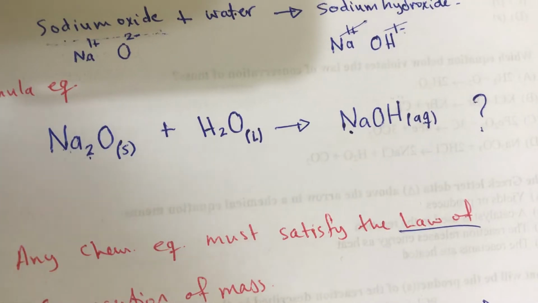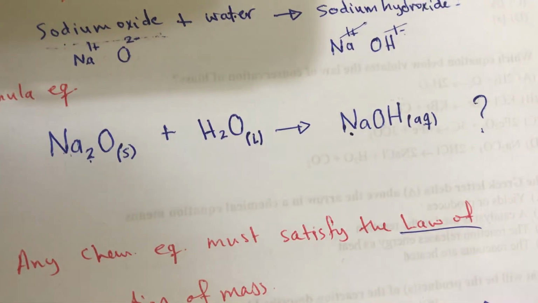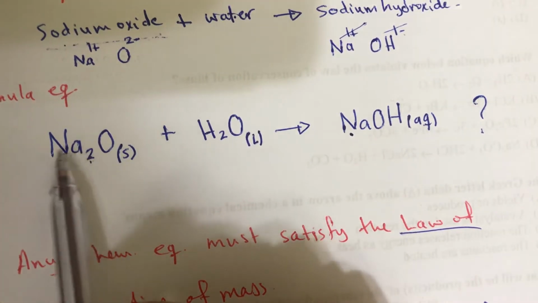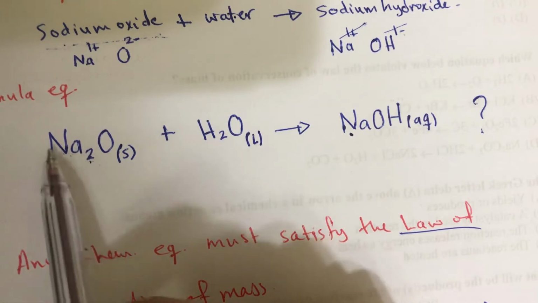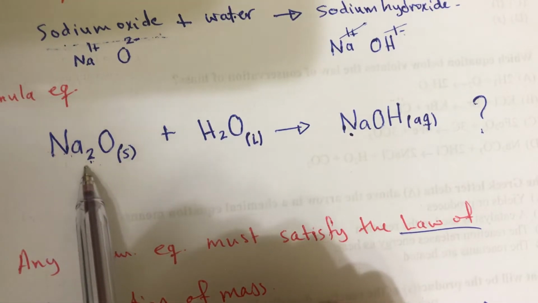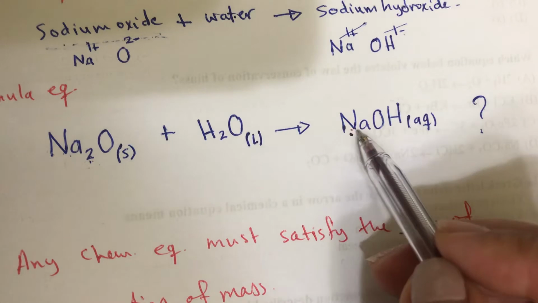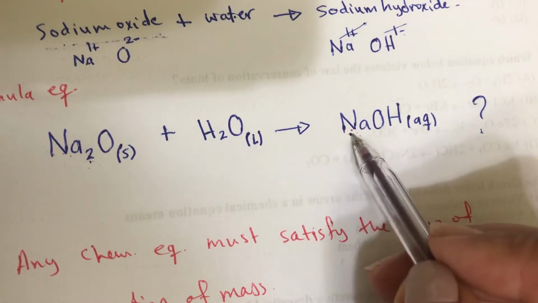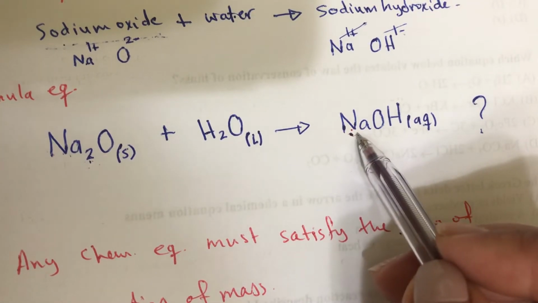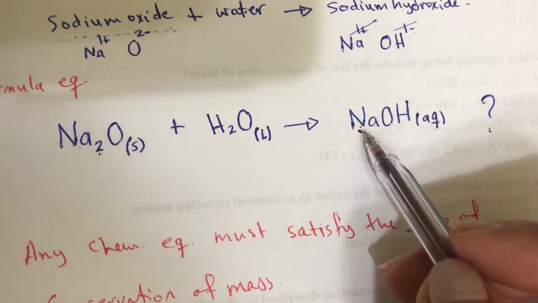This coefficient is in front of the compound to get equal number. So here you have 2 sodium atoms in the reactant. Here you have 1. So it must be 2. You have to multiply this compound by 2.